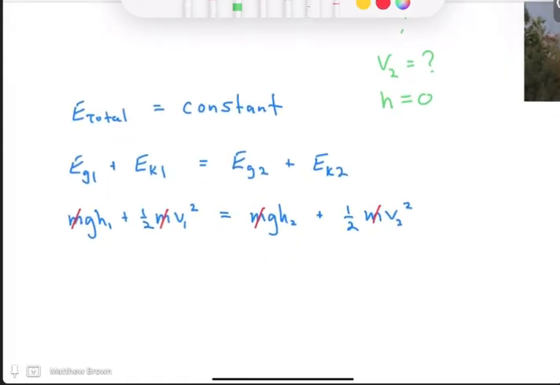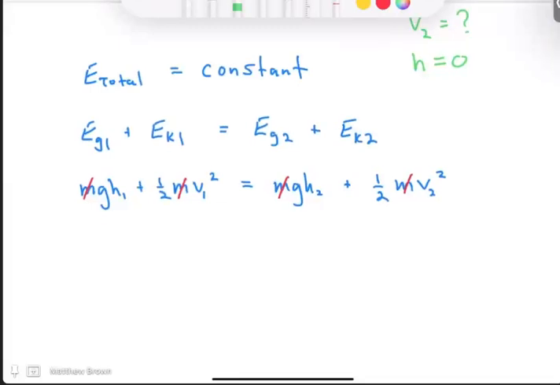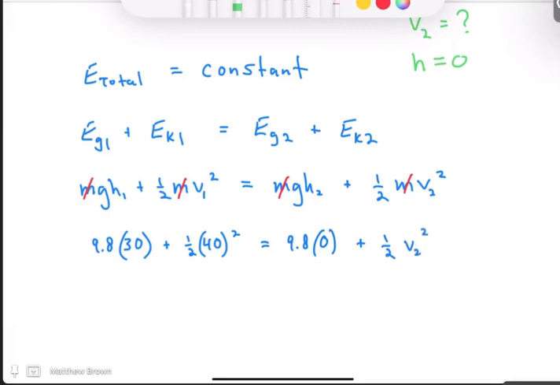And putting in a few numbers here then, g h1, g is 9.8. We said that h1 was 30 plus 1/2 times 40 squared equals 9.8 times h2, which we said is 0, so this whole thing will just cancel, equals 1/2 times v2 squared.